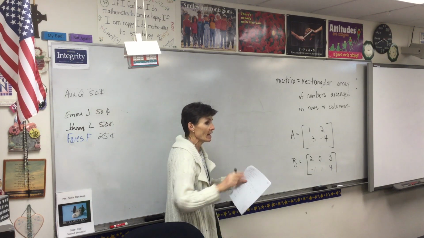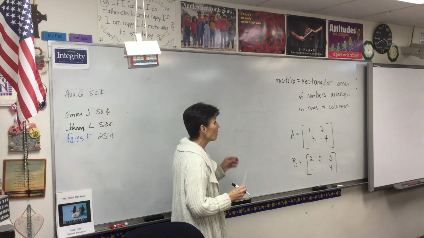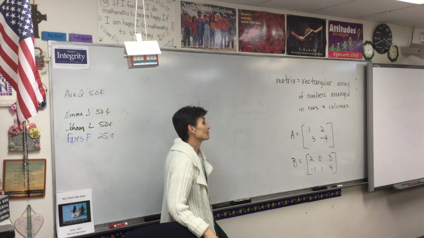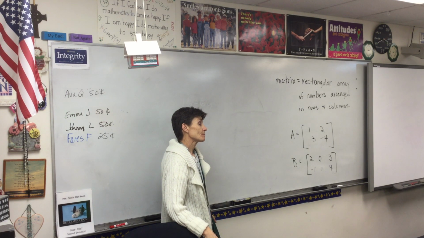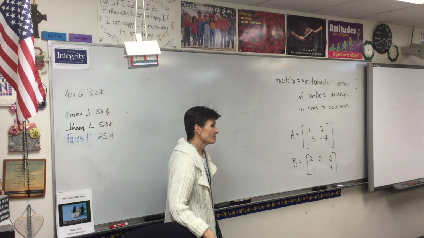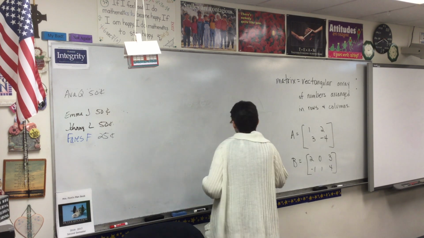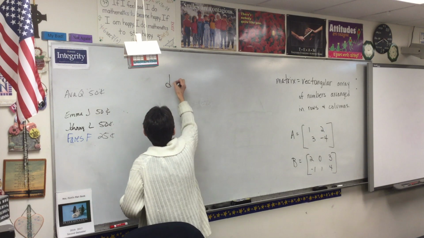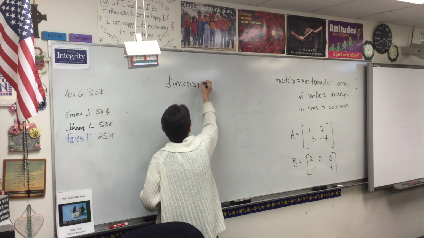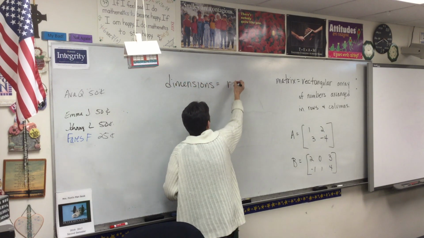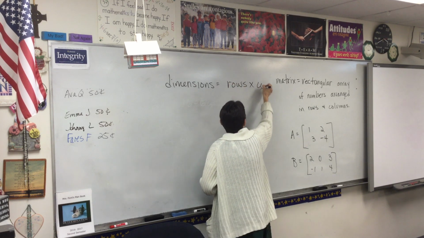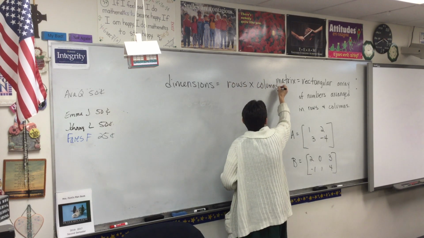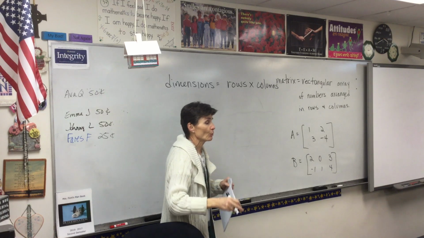It has like a length and a width, only we don't call it length and width, we call it rows by columns. So the dimensions of the matrix are the number of rows by the number of columns. And it has to be in that order.